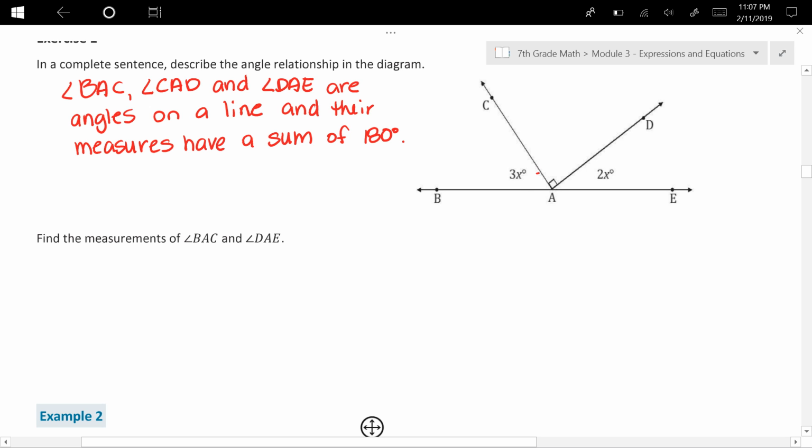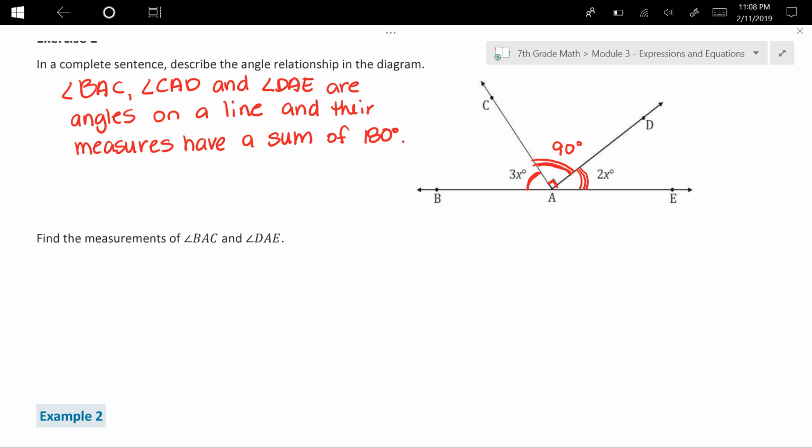So we have one angle here that is 3x degrees. We have another angle here, and we don't have the measurement, but this little box tells us that that is 90 degrees. Then we have a third angle here, and they say that is 2x degrees.